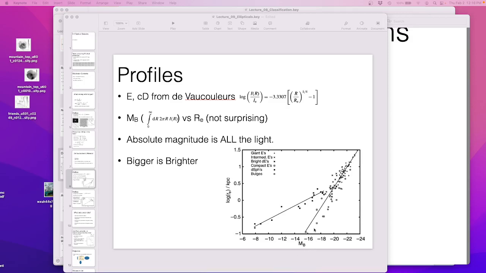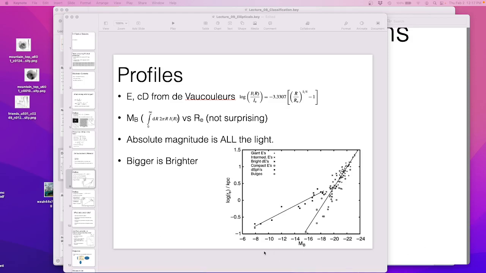Is brighter to the left or to the right on this plot? To the left. No, to the right. Sorry. Which way am I looking? I'm looking at here, and I'm saying it's going that way. Sorry. It's going that way. So it gets brighter to the right. Negative 24 is brighter than negative 6. Bigger thing is brighter.